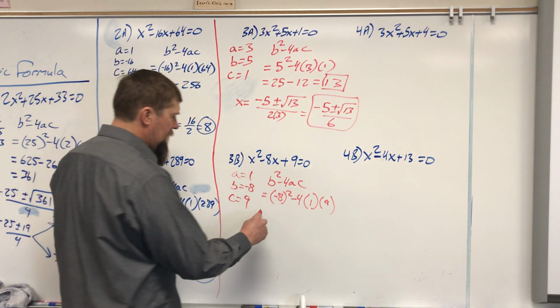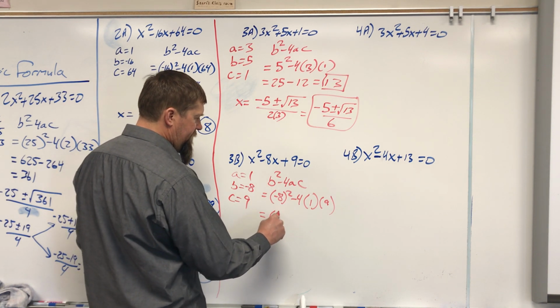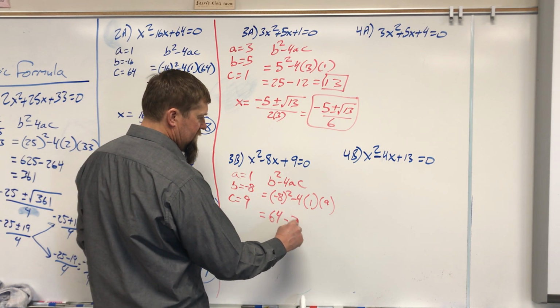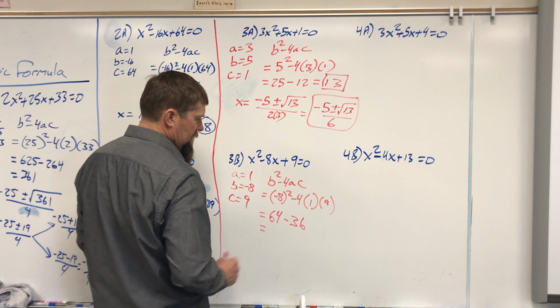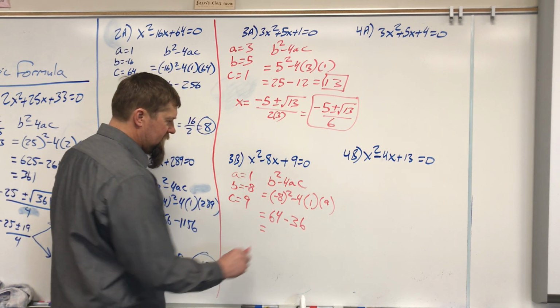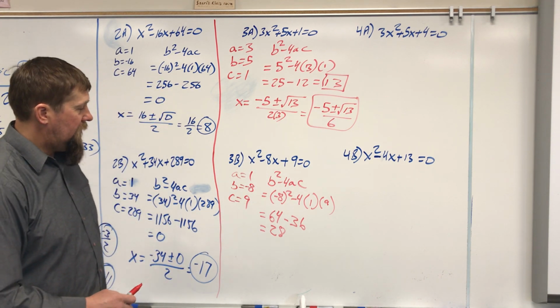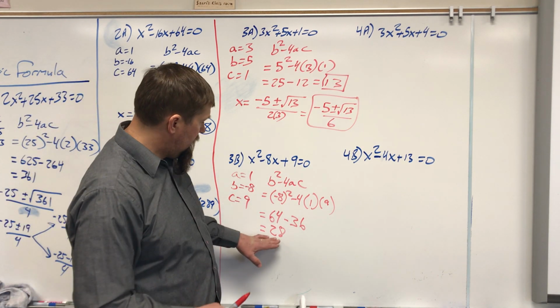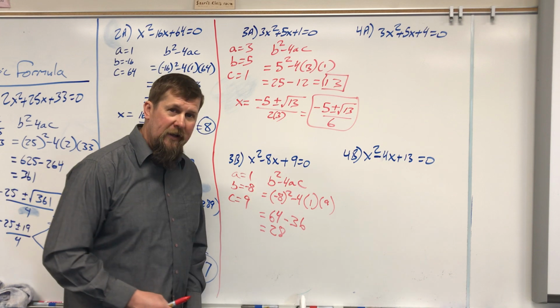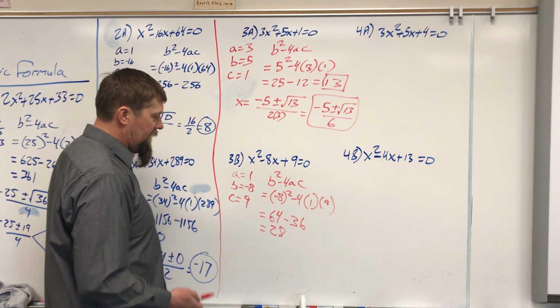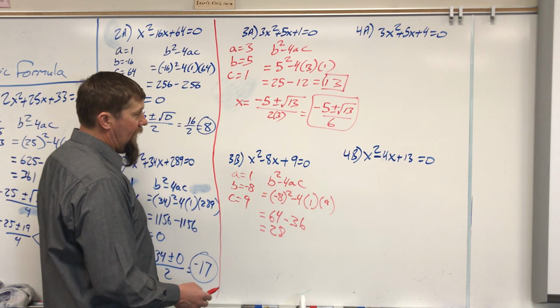All right, so we end up with 64 minus 36. Okay, so 64 minus 36, I believe, is 28. Well, that's going to be interesting because the square root of 28 is simplifiable. So let's go ahead and see what happens.